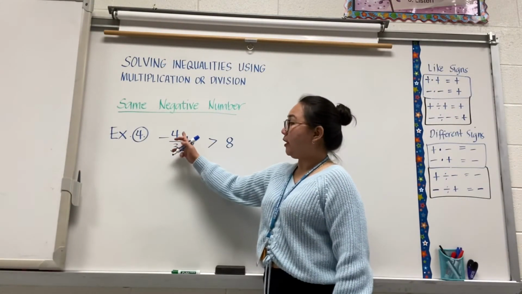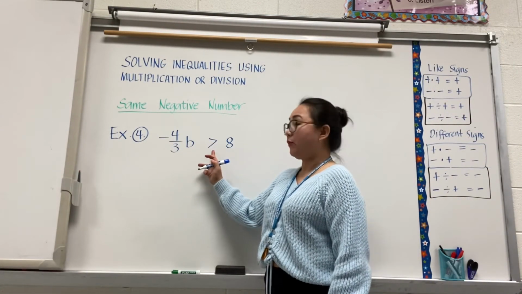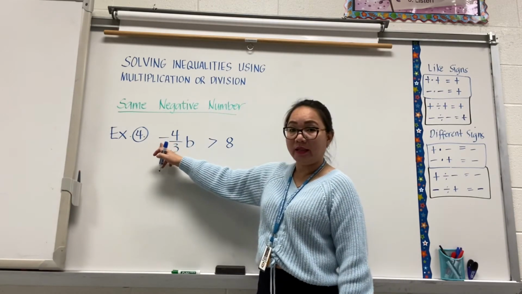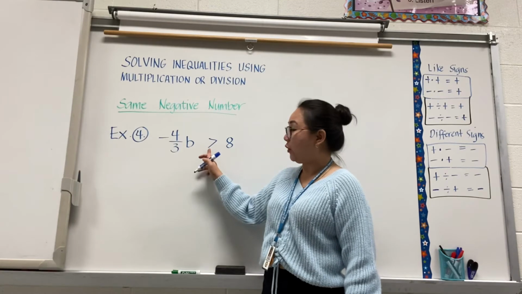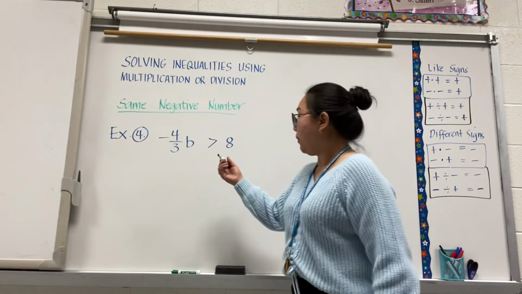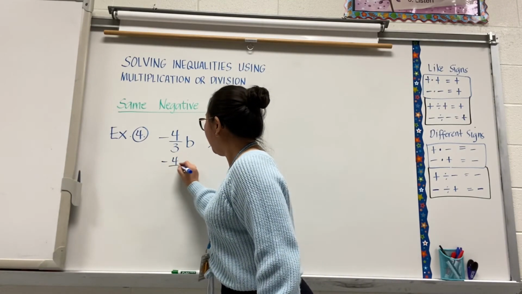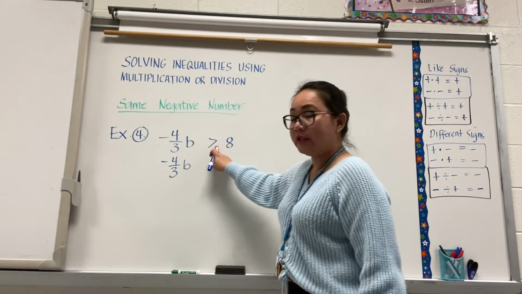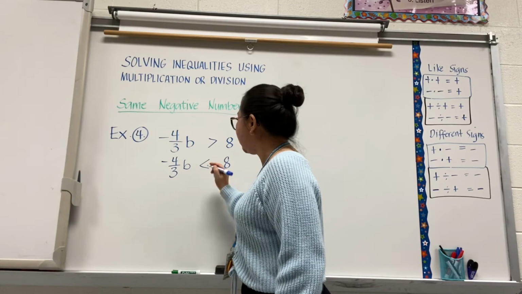Now solve negative 4/3 b is greater than 8. Take note, this is negative, which means we will reverse the symbol. So write this again, negative 4/3 b. So as I said, reverse the symbol. So this is less than.